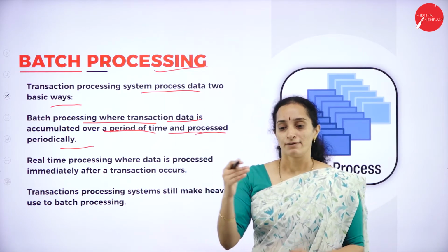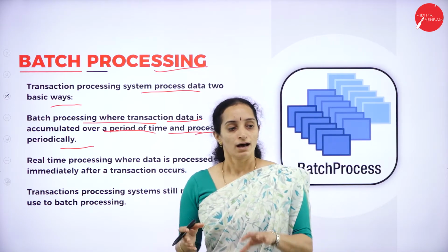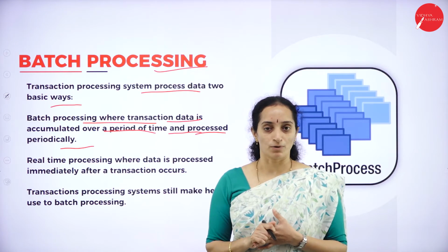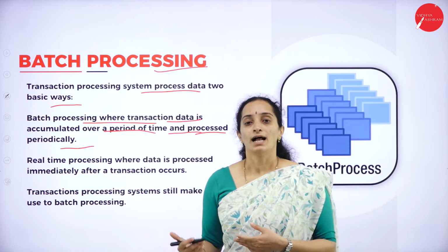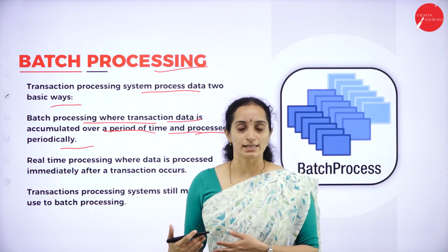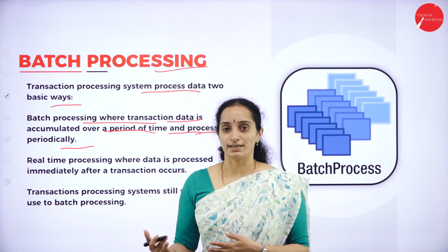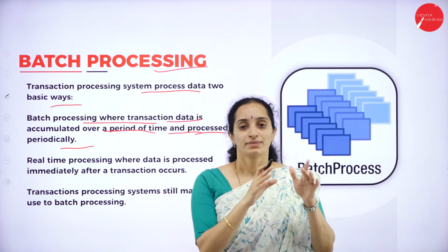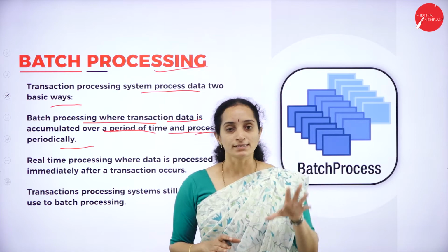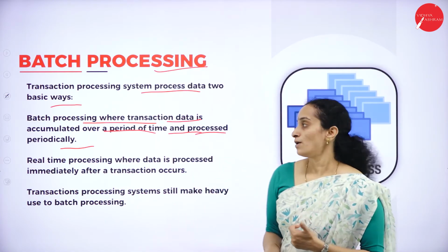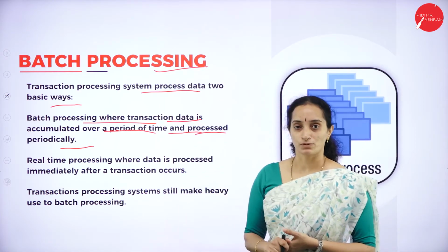Whenever there is a sales order, I will not enter it directly into the computer, but instead I will take the written document of the sales order. At the end of the day, I will enter these details at once into the computer. This is one method of batch processing.